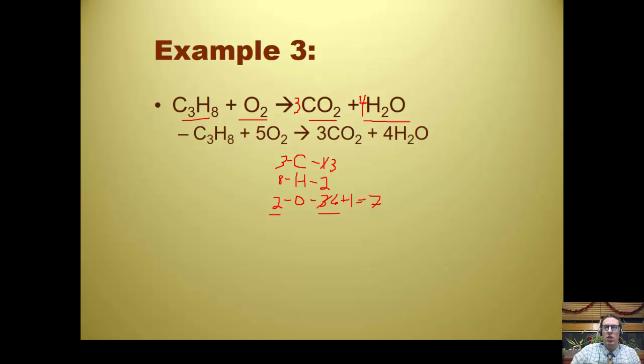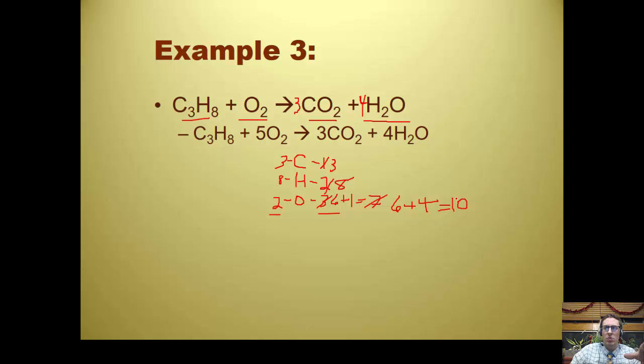So we see here 4 times 2 is 8. We're good on hydrogens. But don't forget to do the oxygen again. So then we have 3 times 2 is 6, plus 4 times 1 is 4. And now we have 10.